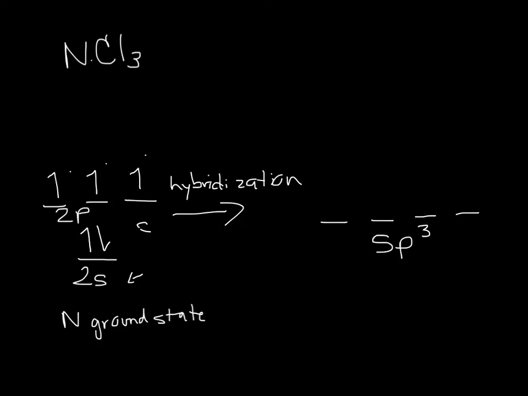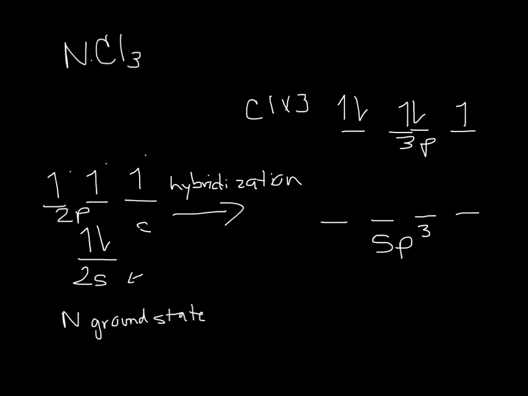And for nitrogen, we are in the 3p section of the electron configuration. 1, 2, 3, 4, 5, and since we have 3 of them, we're going to multiply this by 3.